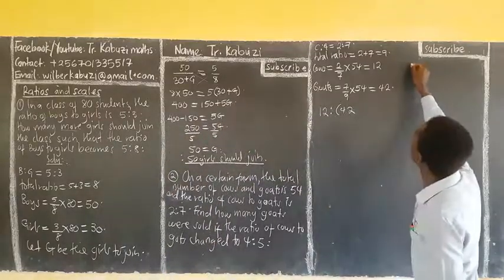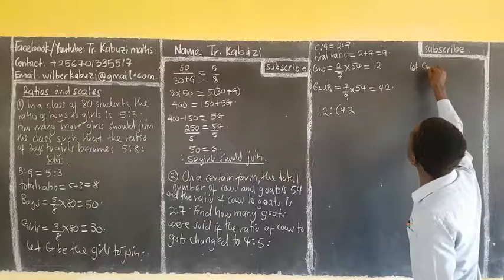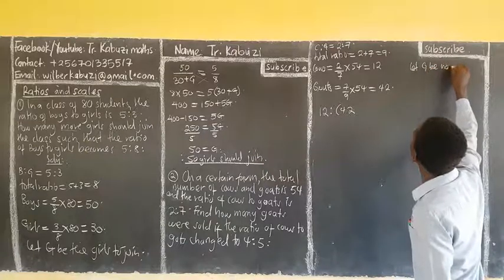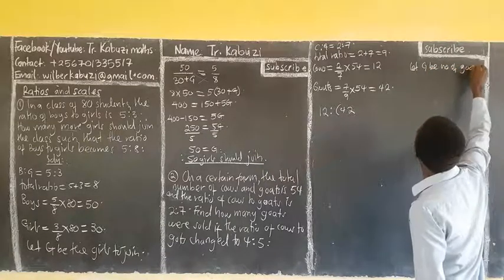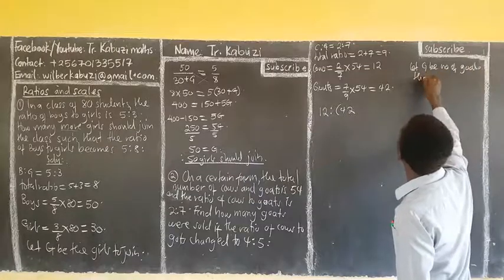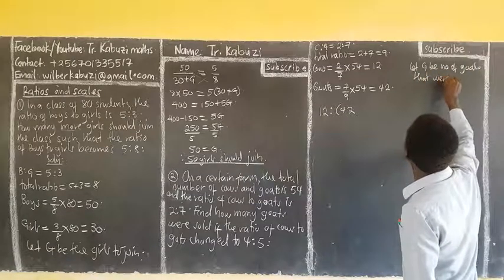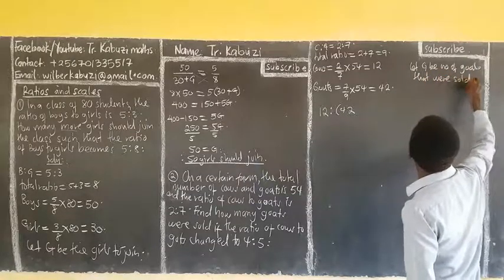So I say, let D be the number of goats that were sold.